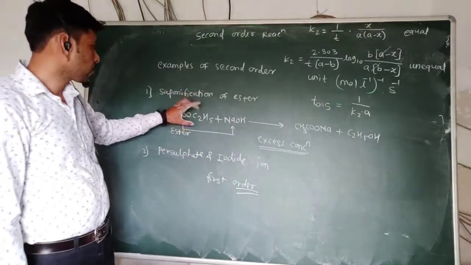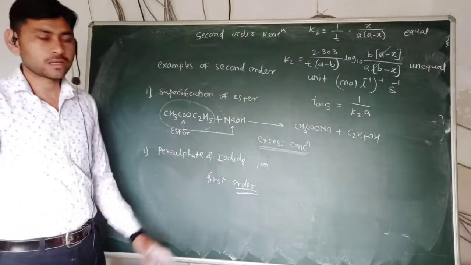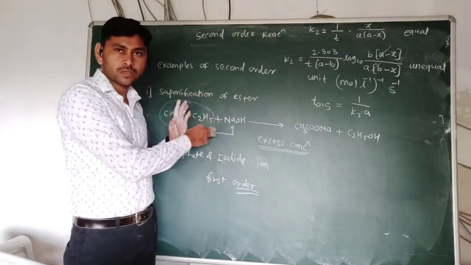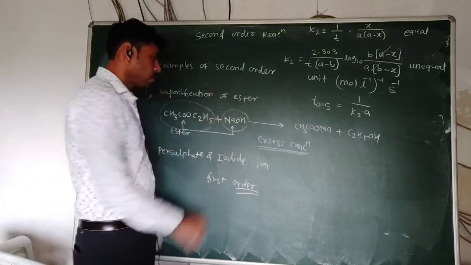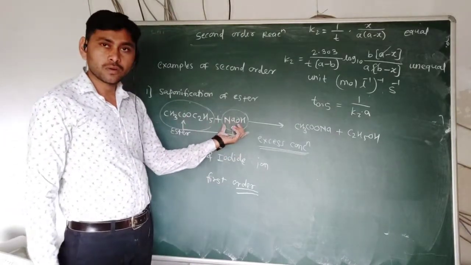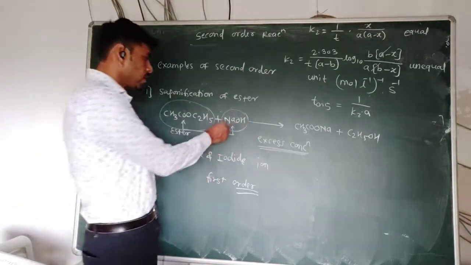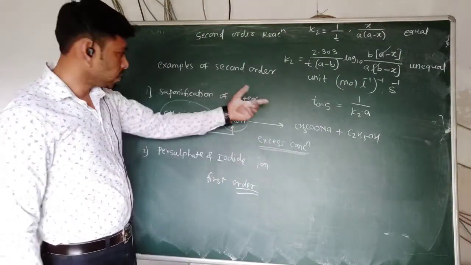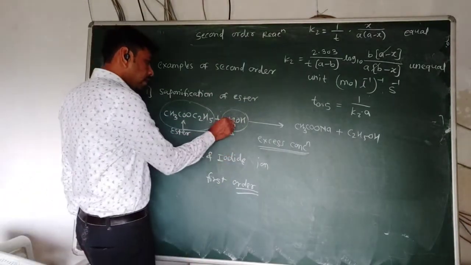If the concentration of one of the reactants is kept constant, or taken in excess, there will be no effect of the change in concentration of that particular reactant on the rate of reaction. If we have taken NaOH in excess, then the overall rate of reaction doesn't change with change in concentration of NaOH, because it is already present in large quantity. A small change in the concentration will have no effect on the overall rate of reaction.